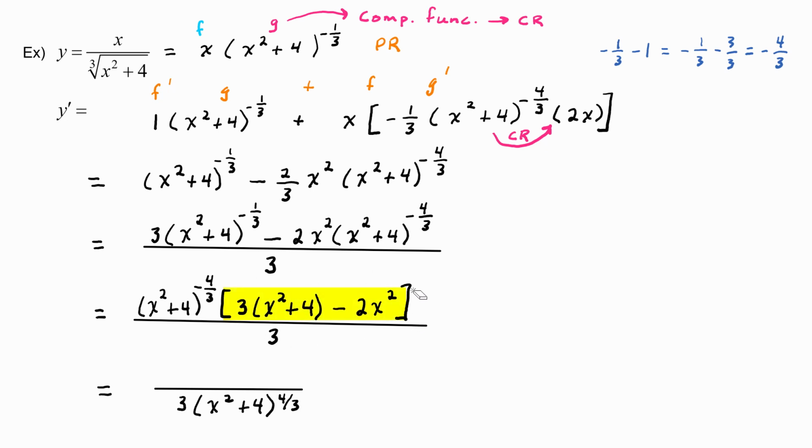Now inside the brackets here, we have to distribute this 3. We would have 3x squared and then minus 2x squared. So we have x squared and then 3 times 4. So we need to add 12. And this is our answer in simplest form.